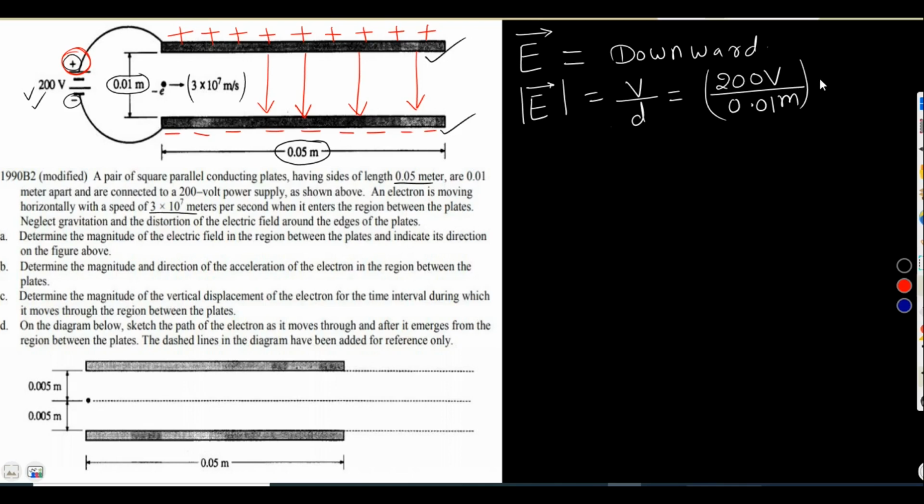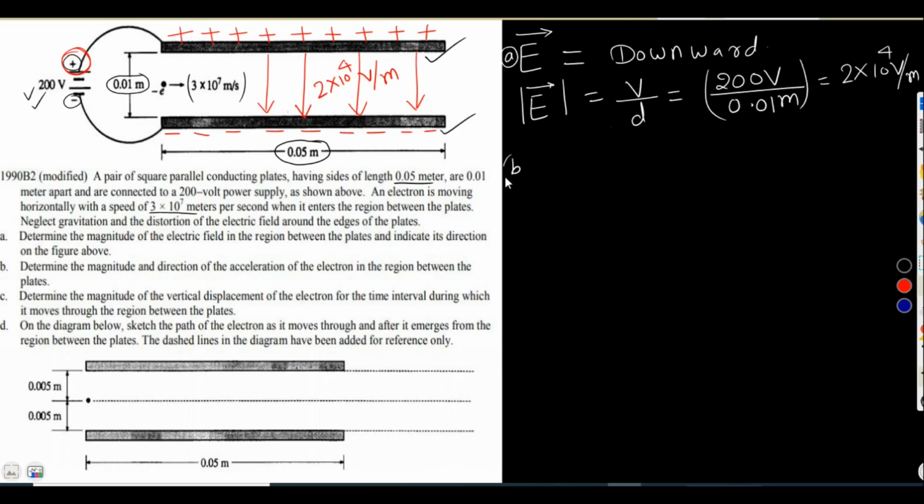So the value will be 2 into 10 raised to power 4 volt per meter. This completes our first part, part A.